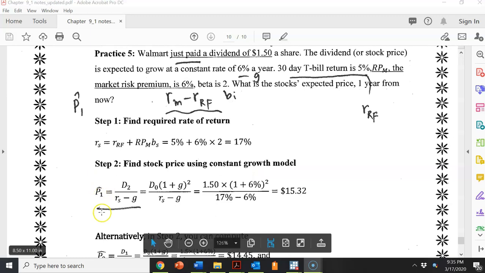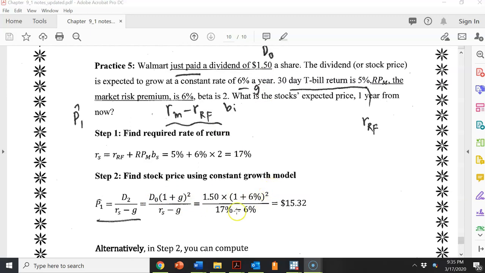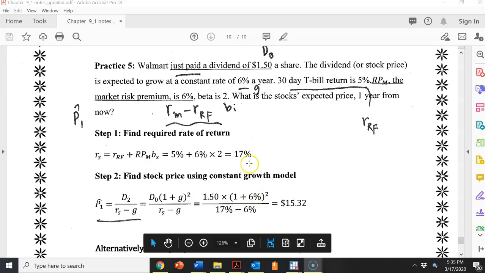For P1, it is D2 over RS minus G, and D2 equals D0 multiplied by 1 plus G squared. We know D0, just paid, 1.5. We know G, so we have 1.5 times 1 plus 6% squared over RS, 17%, minus G, 6%. We have P1 as 15.32.